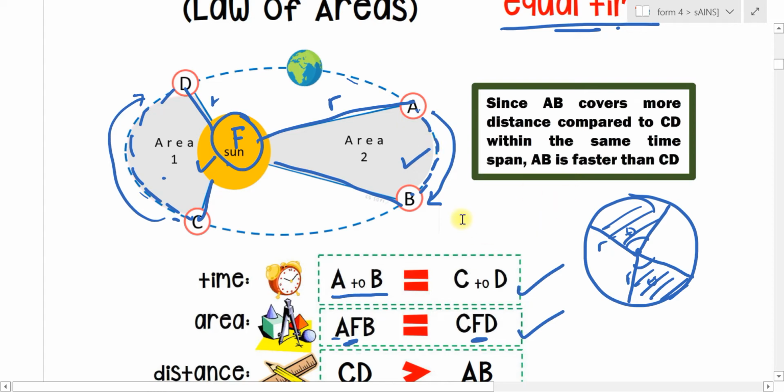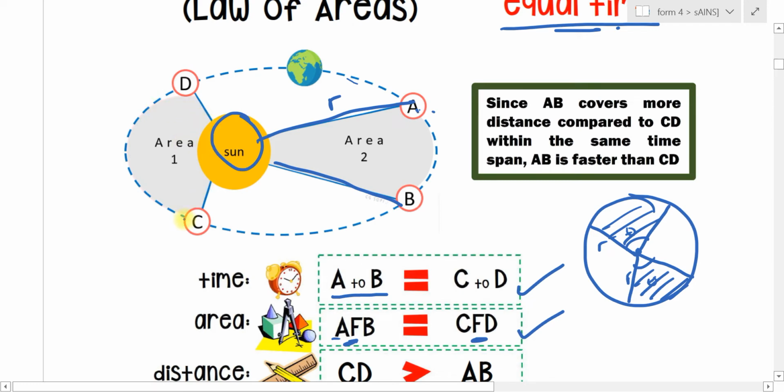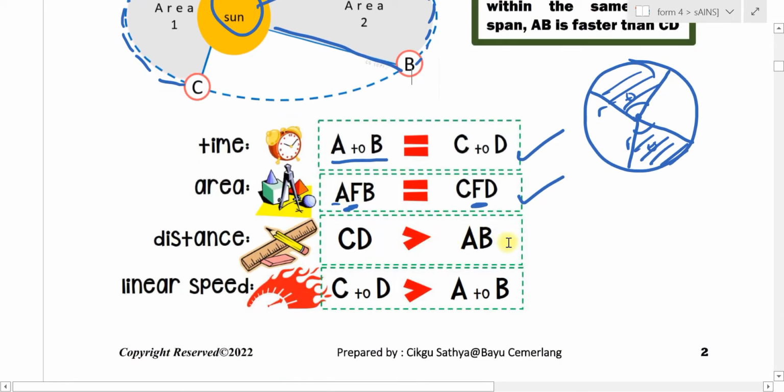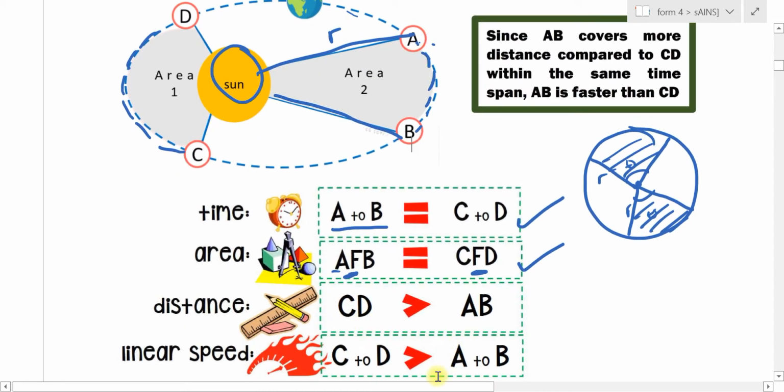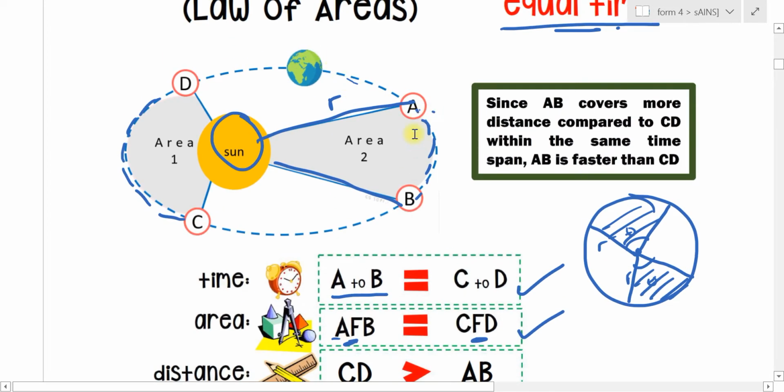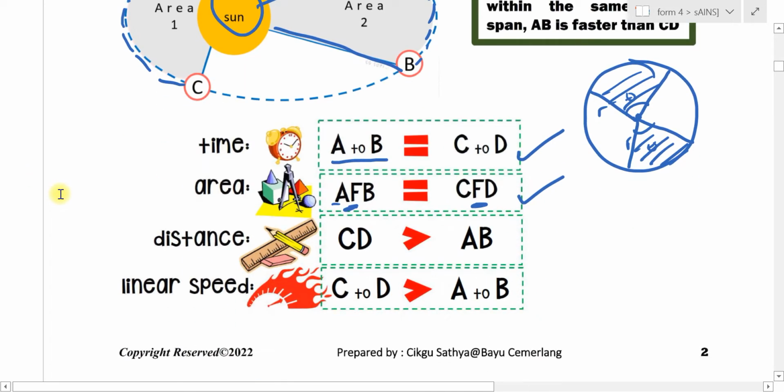However, we assume the time and area are equal, but if you see, CD is covering more length, right? CD is covering more length compared to AB. So the linear speed C to D is greater than A to B. The speed of the planet revolving around will be different.